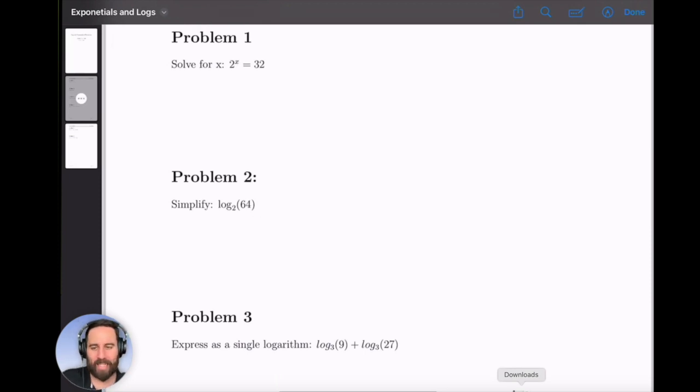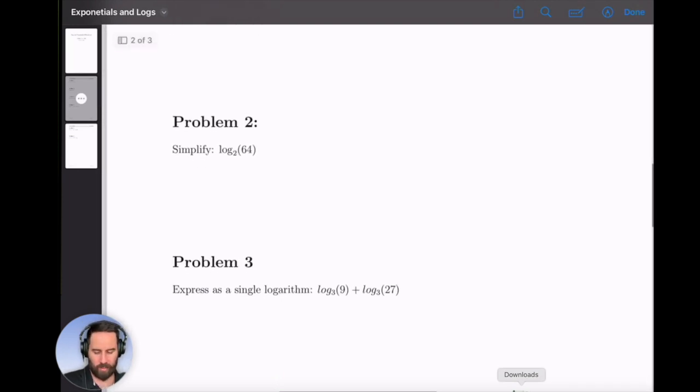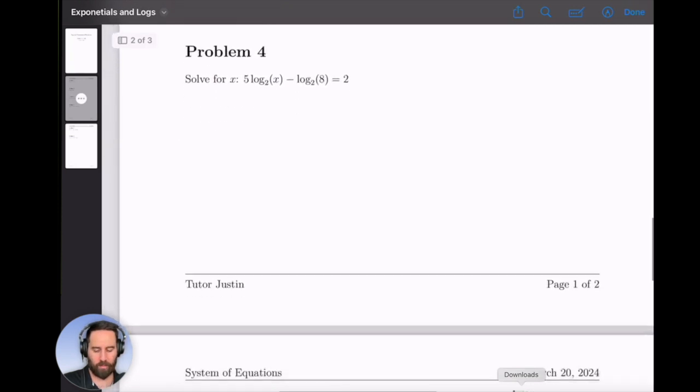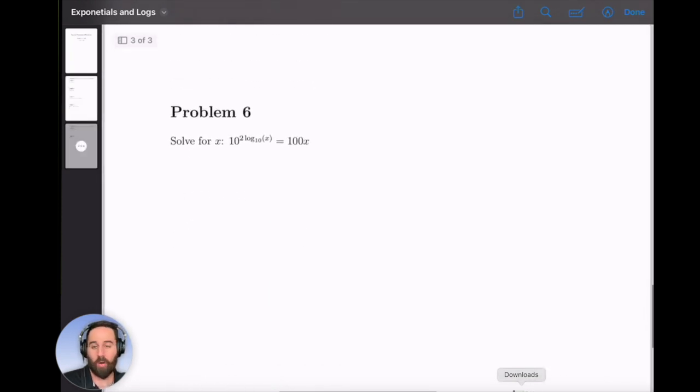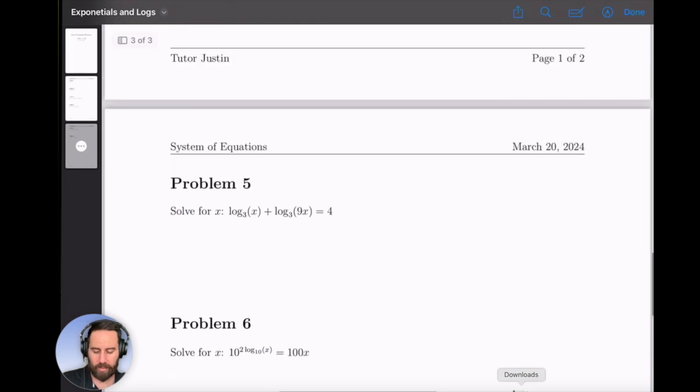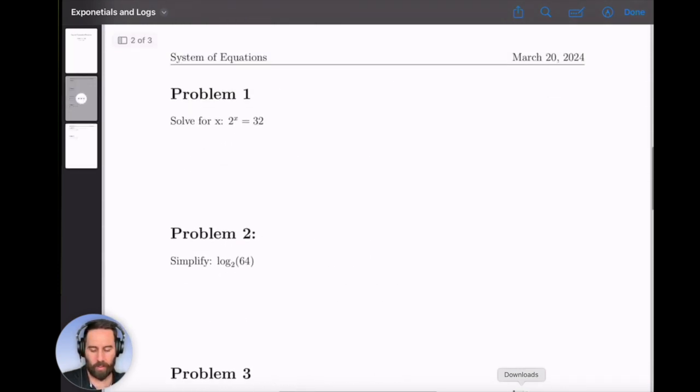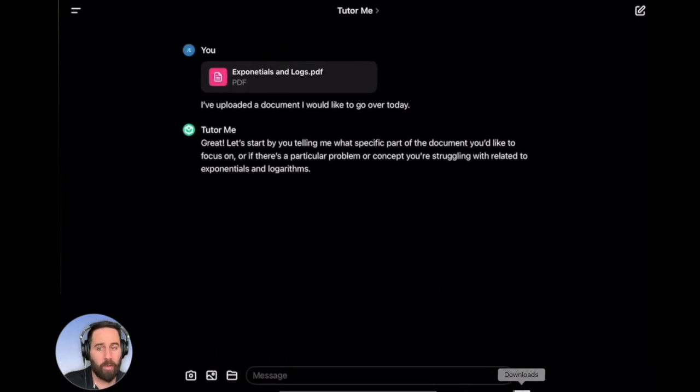And today, like I said, I'll be using a tablet here. I recommend doing that. And today we're going to be going over logs and exponential functions. As you can see here, there are some exponential functions. There are some log functions. We'll try to get through all 6. We'll see how long it takes, and we'll go from there. I actually already uploaded it, and uploading it and copy and pasting it are the same thing.